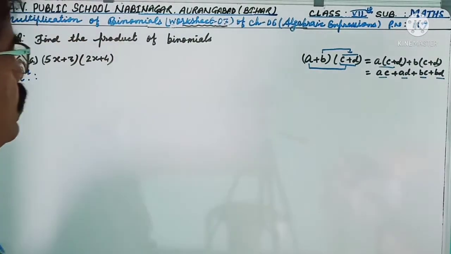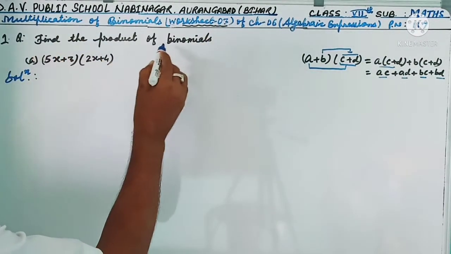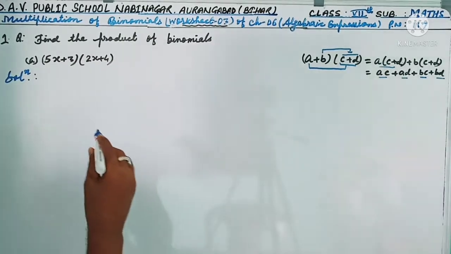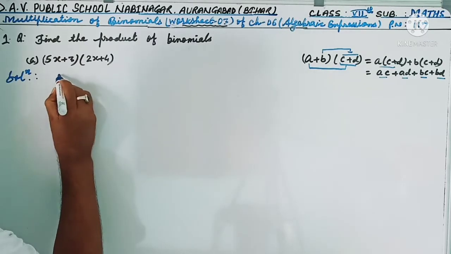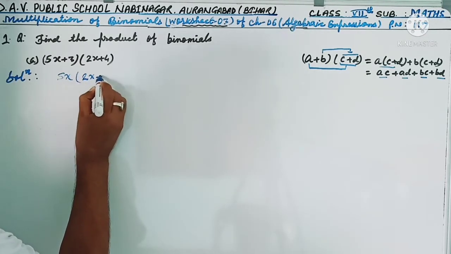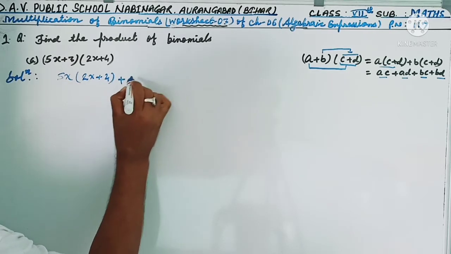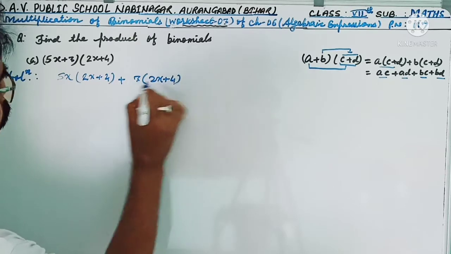In worksheet 3, find the product of binomials. You are given (5x plus 3) into (2x plus 4). So 5x into (2x plus 4) plus 3 into (2x plus 4).